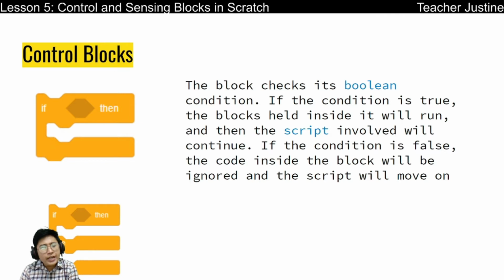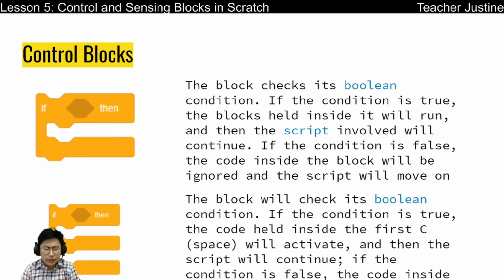Here it's the same, but if then and else. Here you are already going to provide the code that should run if the condition is false. It's long, but you can just read this. This block will check the Boolean condition.